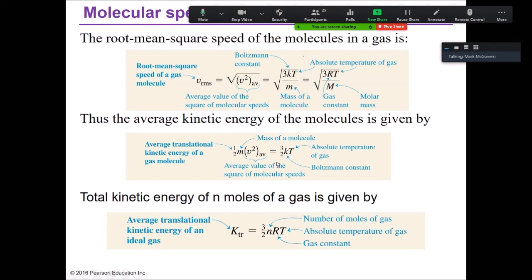Now, one more additional thing we could do here is this is an average kinetic energy of the molecules. If we were to take this and multiply by N, so I'm going to multiply both sides of the equation because this is an average kinetic energy, right? So if I multiply this equation in the middle here by N, the number of molecules, then N shows up here.